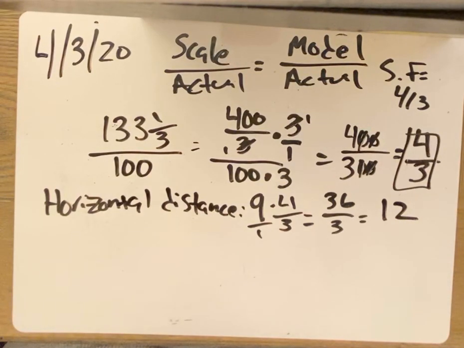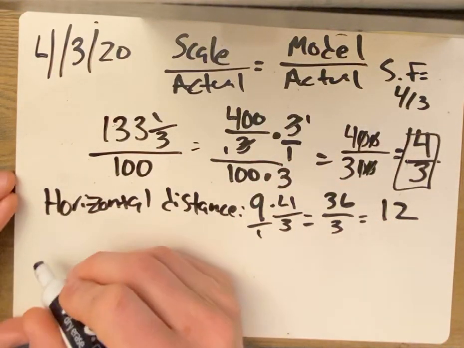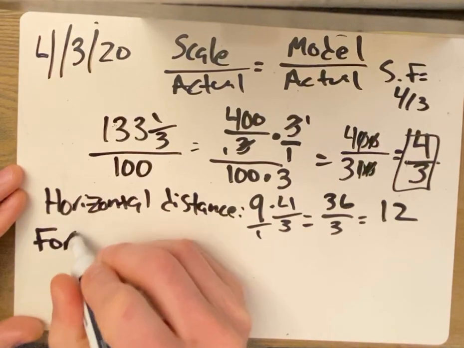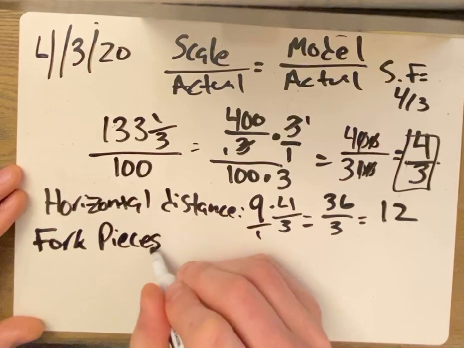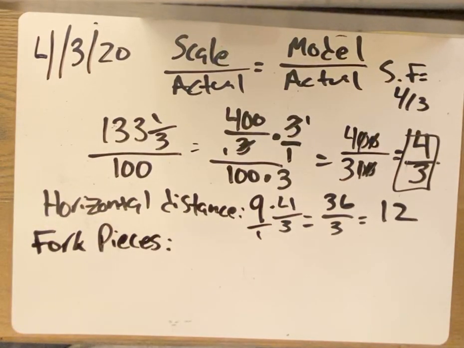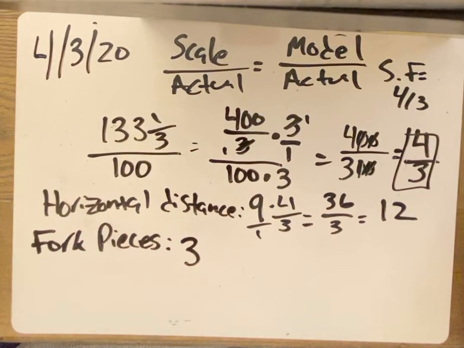Okay? So now I'm looking at the vertical distance, each one of the forks, okay? The fork pieces. All right? So I'm looking at the fork. I got 1, 2, 3. So each fork is 3 going vertical, right?